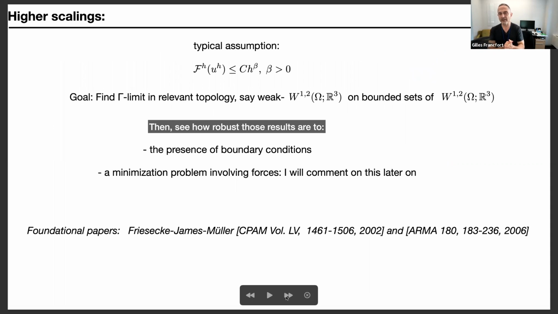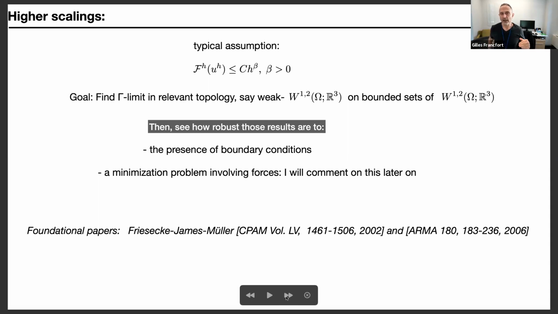So the typical assumption is going to be that your energy on the rescaled domain is not bounded by a constant, but by a constant times h to the beta, where beta is some positive number. And the goal is to find the gamma limit in the appropriate topology, let's say weak W^{1,2}, for example.